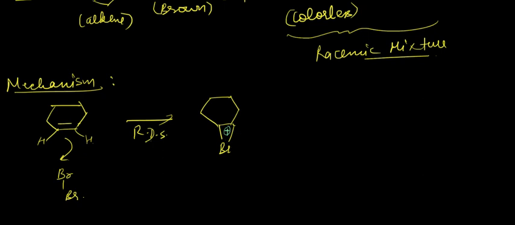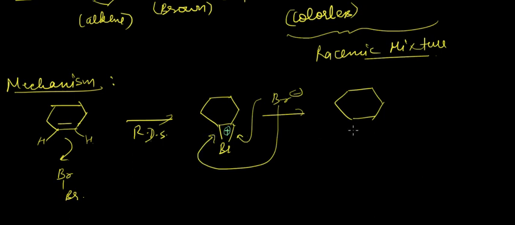so after this, the Br minus will see this opportunity and attack this non-classical carbocation. Br can attack either from the front direction or from the back direction.